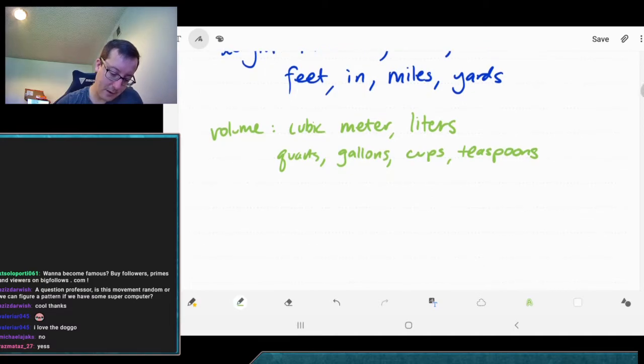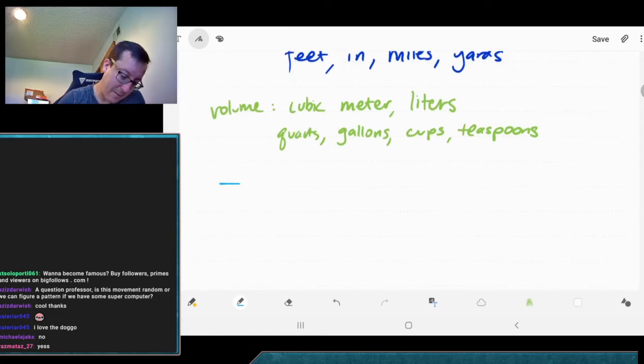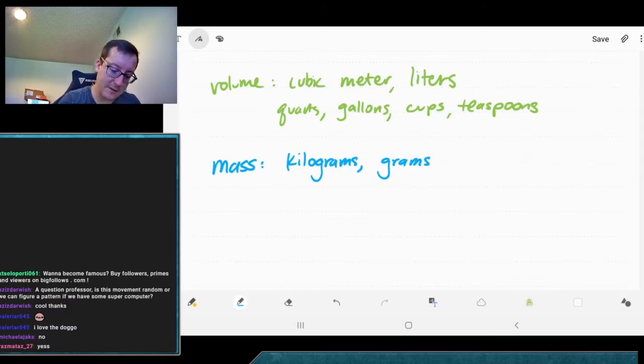All right. How about next? Let's do light blue. We can talk about mass. This is going to be kind of another way of talking about the amount of something. We are going to have kilograms, grams. Everything's going to be gram-based for us when we talk about mass. In the US system, we have ounces, pounds. What's lower than an ounce?